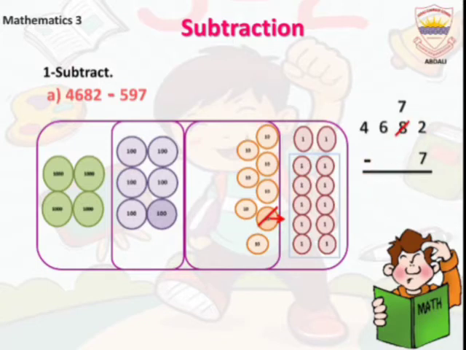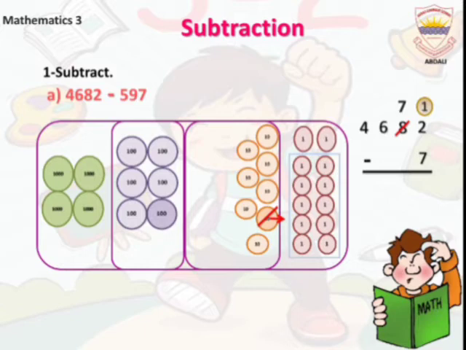We cut 1 number disk of tens and we borrow 1 tens. Here our number at ones place is 12 now.